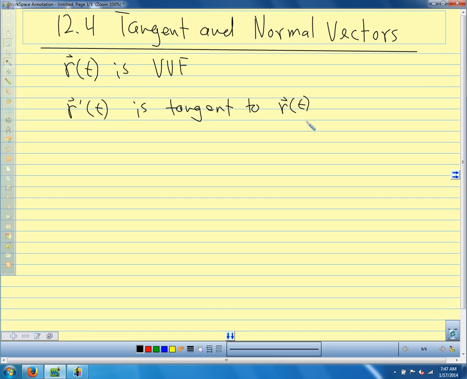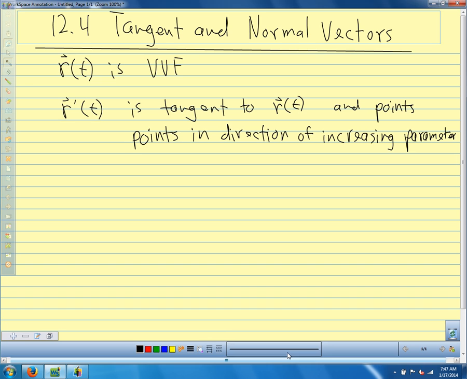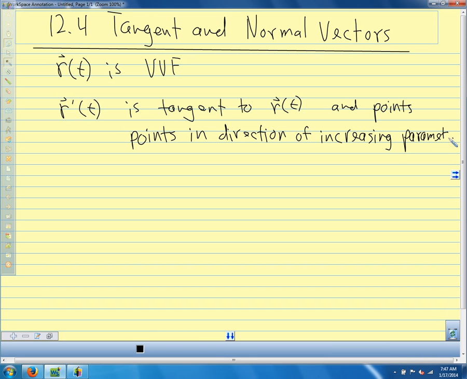And it's also going to point in the direction of increasing parameter. So our direction for r of t is in the direction of the increasing parameter.